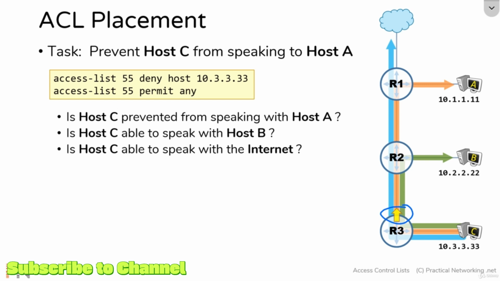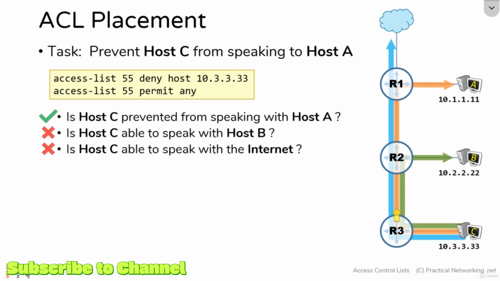Now we've moved it to router 3, filtering traffic out. Well, just like before, the path for host C to speak to host B, host A, and the internet is still crossing that access list, which means that access list is still going to successfully prevent host C from speaking to host A, but also inadvertently prevent host C from speaking to host B, and prevent host C from speaking to the internet.